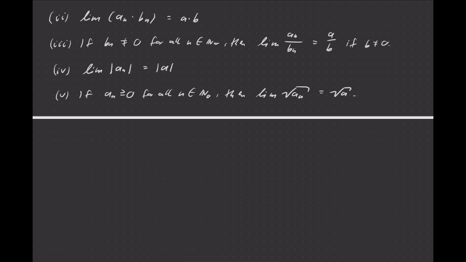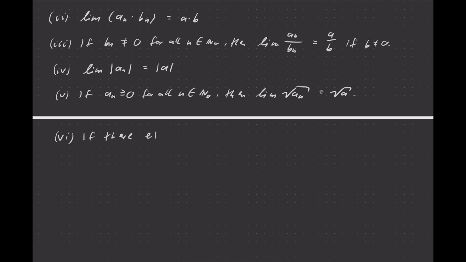And finally, I can also compare sequences. So if one of the sequences is larger or equal to the other one, at least from a given index on, then the same thing will hold for the limits. That's the last property in this theorem.